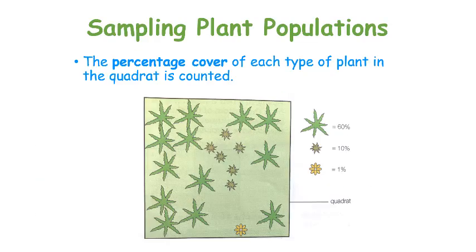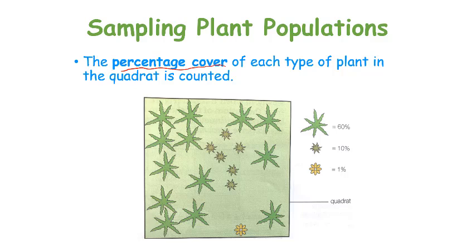Now this just shows us a little bit about how you sample plant populations. So sometimes what they'll use is percentage cover. So if you imagine that we've set up a field with our coordinates, we've walked out, and just keep going with the example, we've walked out to the area, we've set our quadrat down, and these are the plants that we can see in it. What we can use is percentage cover. Now this is pretty much an estimate of what percentage of that square is covered by a particular plant.